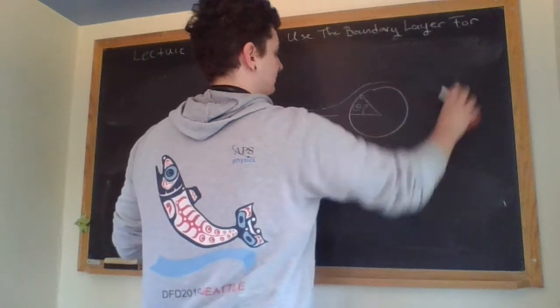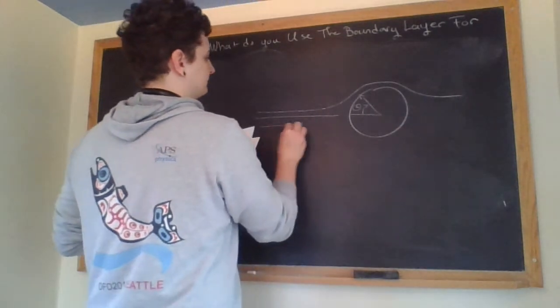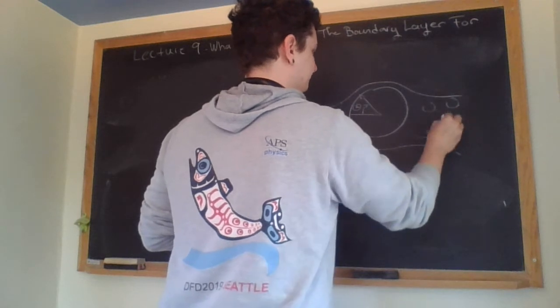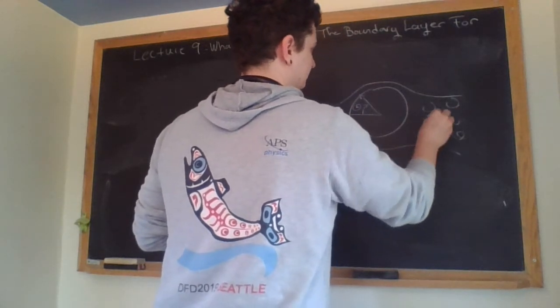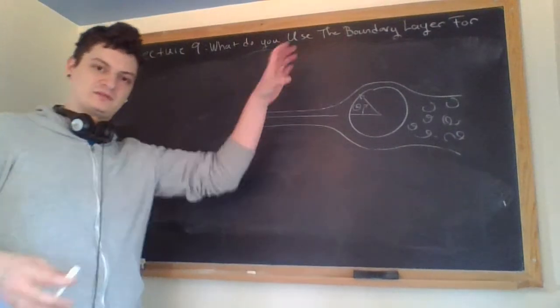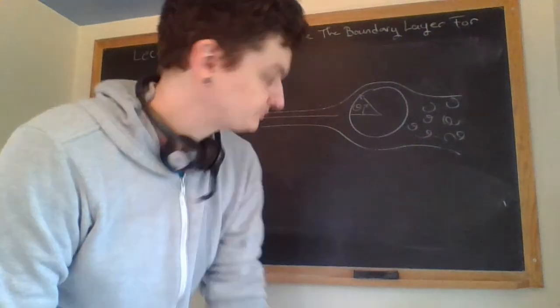Let me draw that down a little bit. So this is a classic image you have of flow going over some cylindrical thing. Could be a sphere too. We'll look at a cylinder.